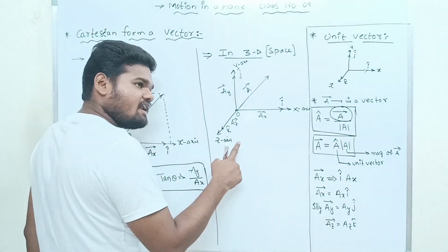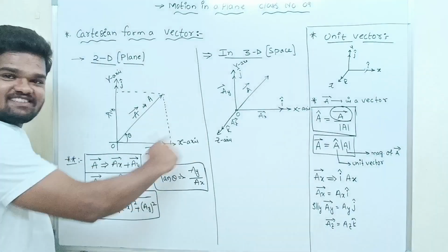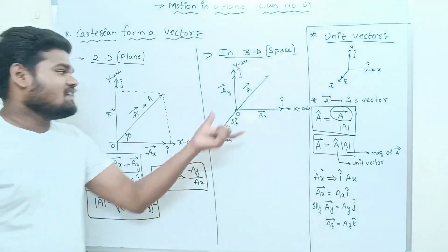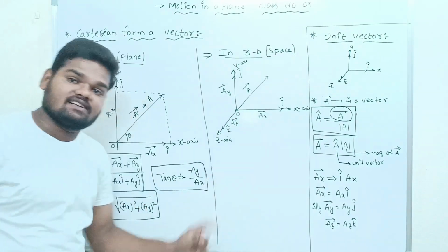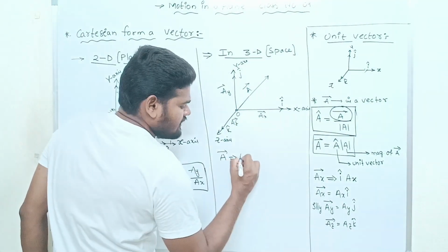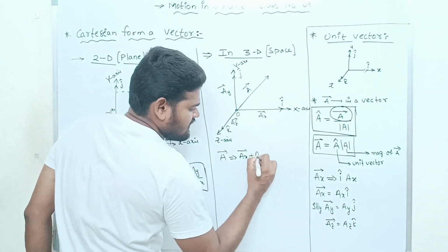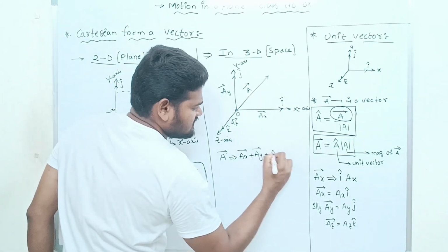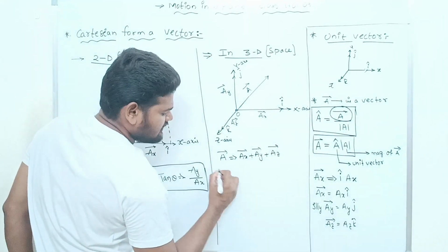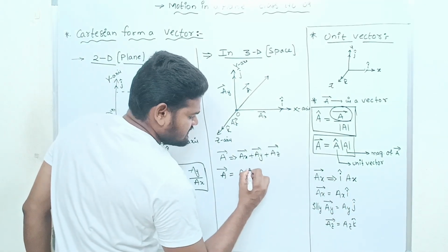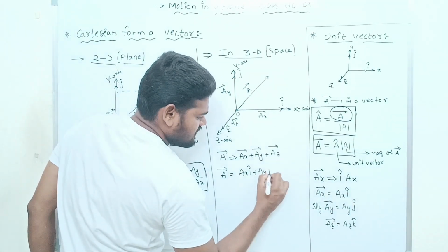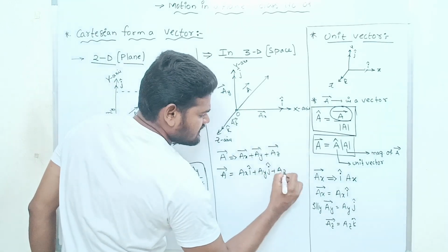Are you getting any doubts? Same thing I am doing here, but there we had only ax, ay, and here we have ax, ay, az. A bar is equal to ax bar plus ay bar plus az bar. So a bar is equal to ax i cap plus ay j cap plus az k cap.